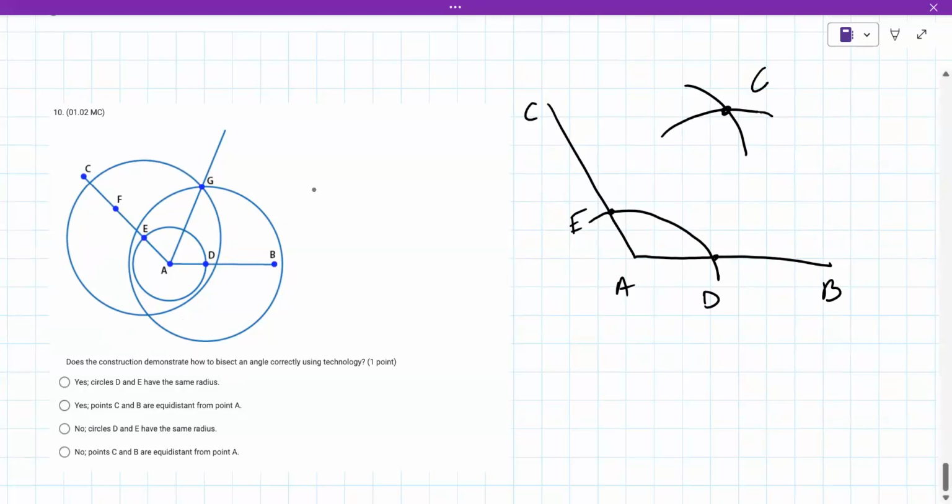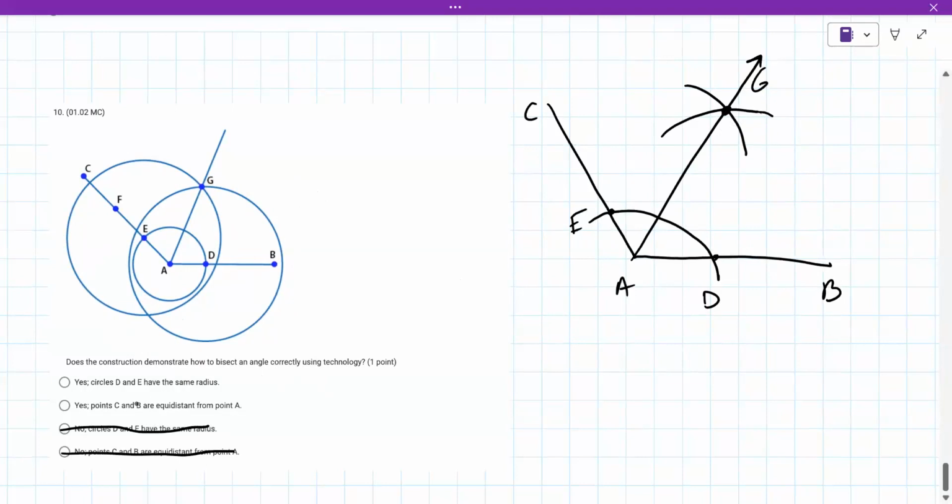Oh, yeah, I see that now. So this is roughly how many construction lines you should draw. But they're always showing the whole circles. So my answer would be yes.